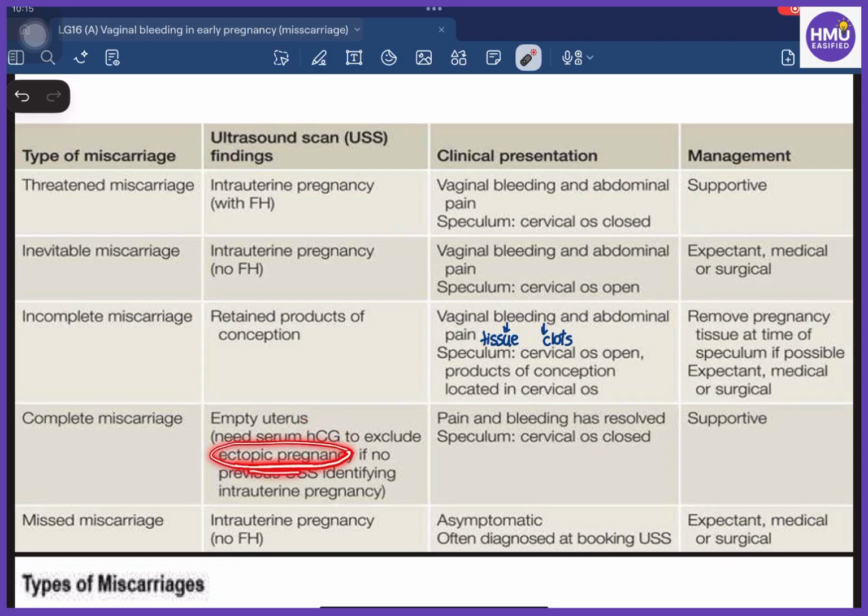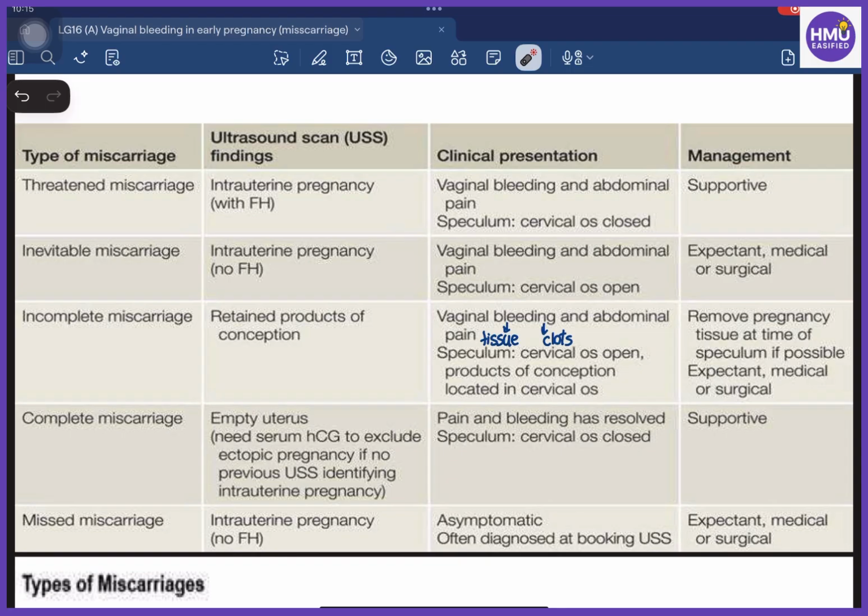In ectopic pregnancy you will see an empty uterus, so there will be HCG monitoring, unless a previous ultrasound confirmed intrauterine pregnancy. The complete miscarriage is only supportive, you don't do anything. And in missed miscarriage the lady comes for a normal follow up ultrasound, and then in the ultrasound there's no fetal heart rate and the baby is dead.